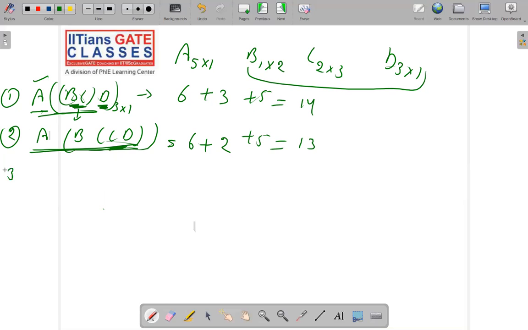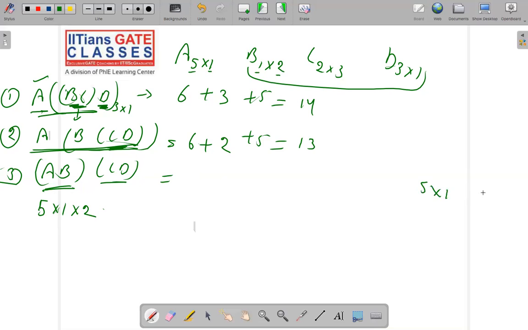Next option is the third one. We will multiply AB first, then CD, then these two will be multiplied. Effort for AB will be 5 into 1 into 2, which is 10.